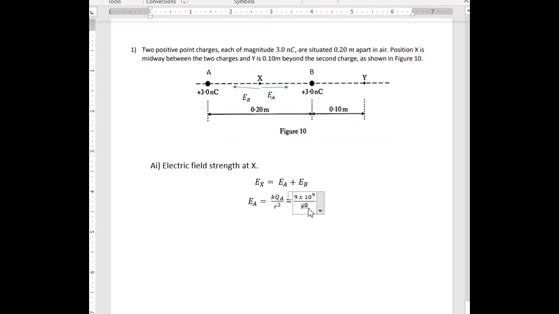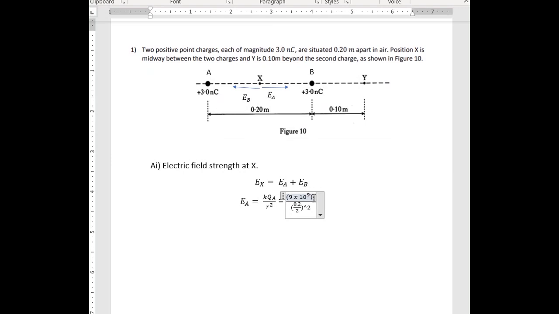So it's in the middle, A and B, which is 0.2 square.